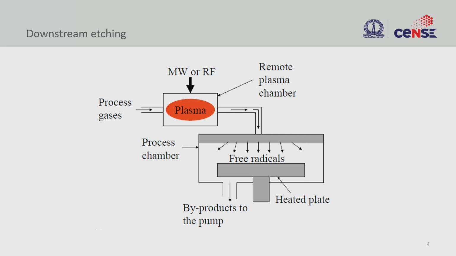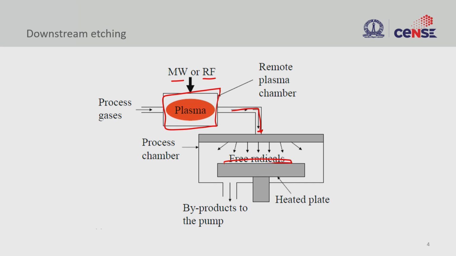And this is again a very interesting system called downstream plasma, because the wafer is sitting in a different chamber and the plasma is created in a different chamber. So here the plasma is created either using RF or microwave, and then it is pushed through this duct and all the radicals that are generated, because we are not interested in the electrons or whatever, right.